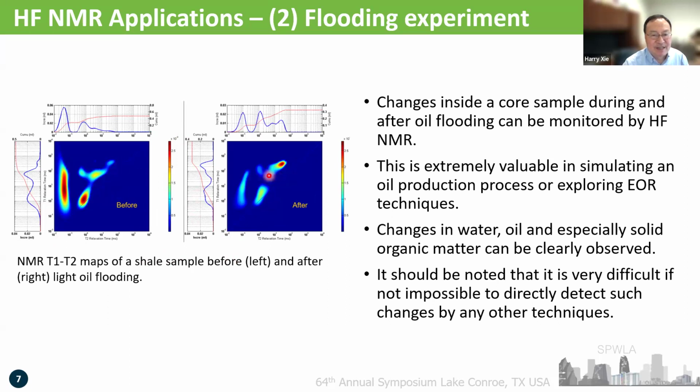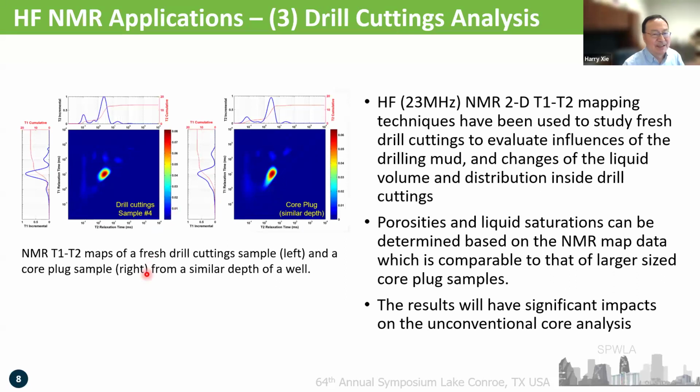So you still have some oil left behind. But most importantly, you have this region. We know this is a heavy hydrocarbon, maybe bitumen, maybe heavy oil, maybe oil in the small pores. After flooding, it changed. And so did the water. That's why when you do production, you get some water produced. So that gives you another way to use NMR to do your work.